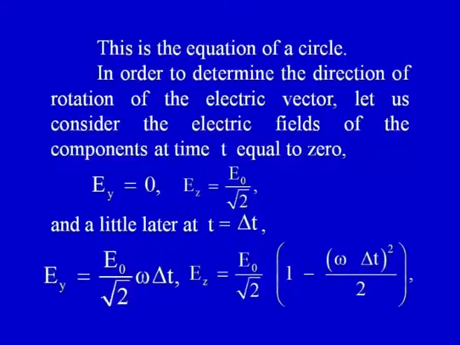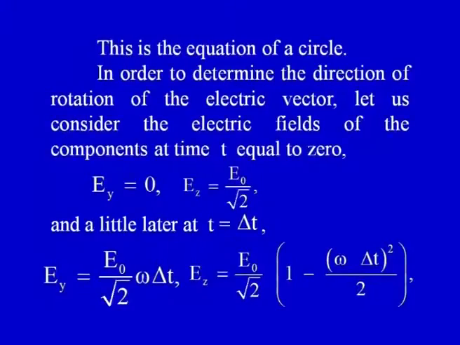A little time later, at t equal to delta t, Ey becomes E naught upon square root of 2 times omega times delta t, and Ez is equal to E naught upon square root of 2 times 1 minus omega delta t squared by 2.